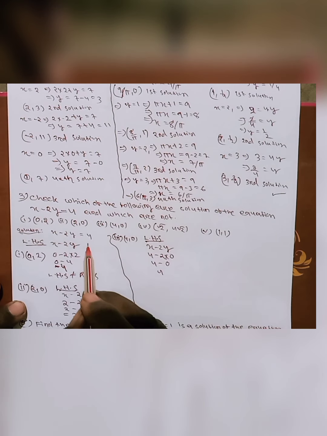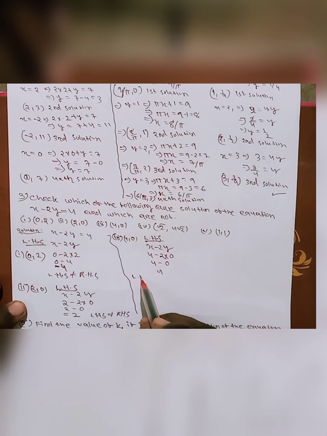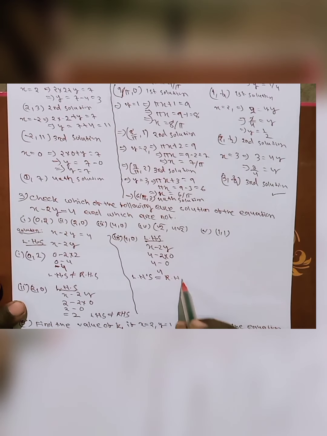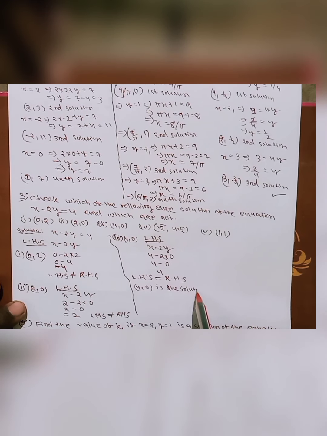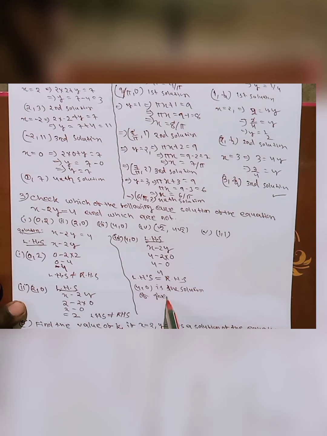The RHS value is 4. Here LHS is equal to RHS. So 4, 0 is the solution of the given equation.